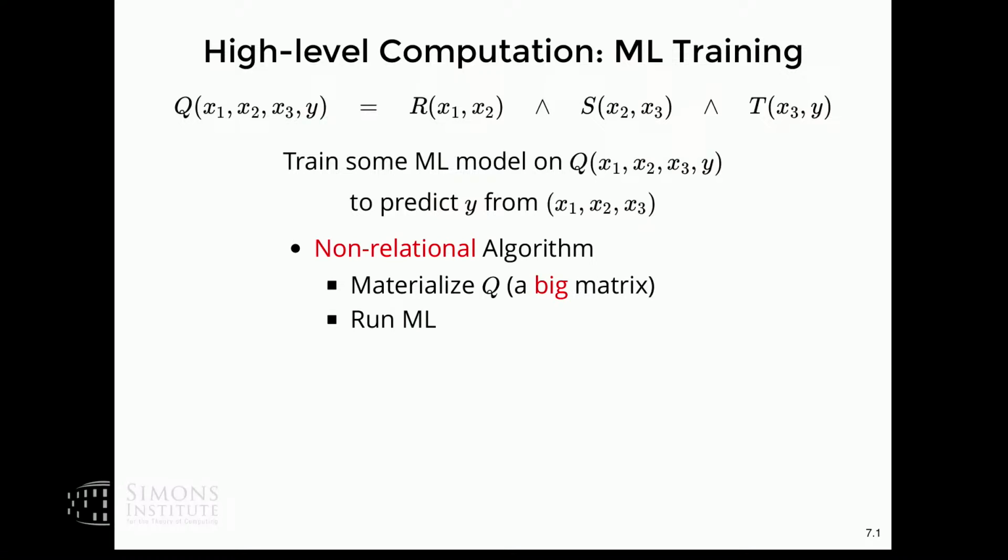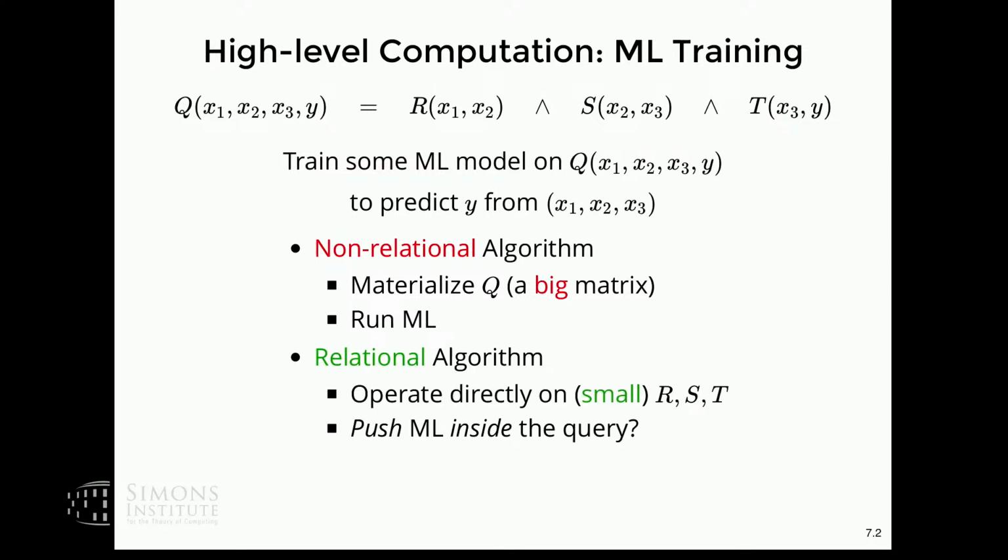Similarly, a non-relational algorithm would start by explicitly materializing Q as a giant matrix, and then run a machine learning algorithm on Q, where Q is now a black box. The machine learning algorithm has no access to the query or what exactly the table Q represents. It's just one big matrix. We already destroyed the structure of the data by converting it into one big matrix.